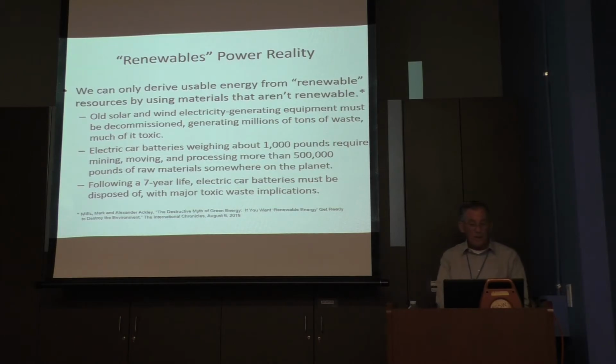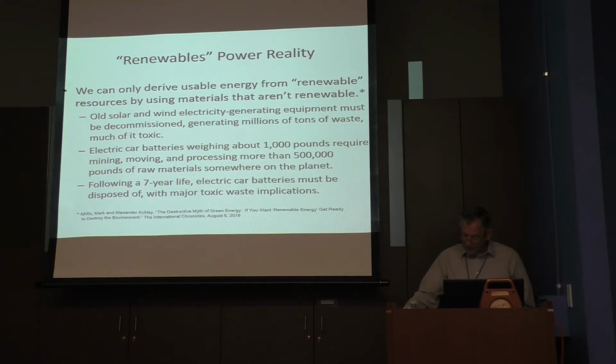Okay, let's look at some other realities here with regard to renewables. We can only derive reusable energy from renewable resources by using materials that are not renewable. In fact, old solar and wind equipment generates millions of tons of waste. Much of it is toxic.